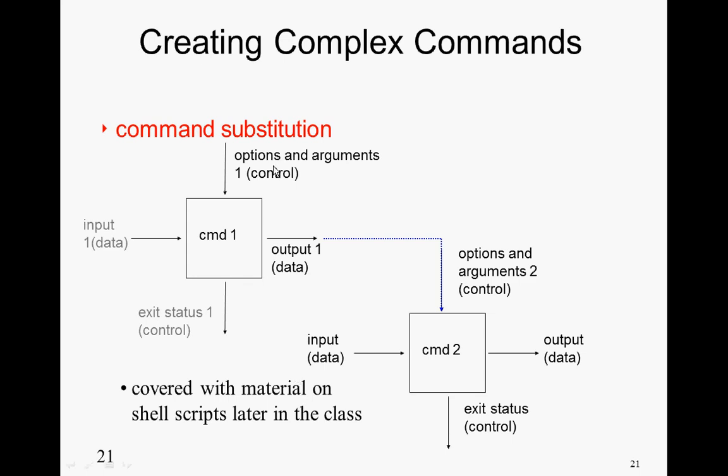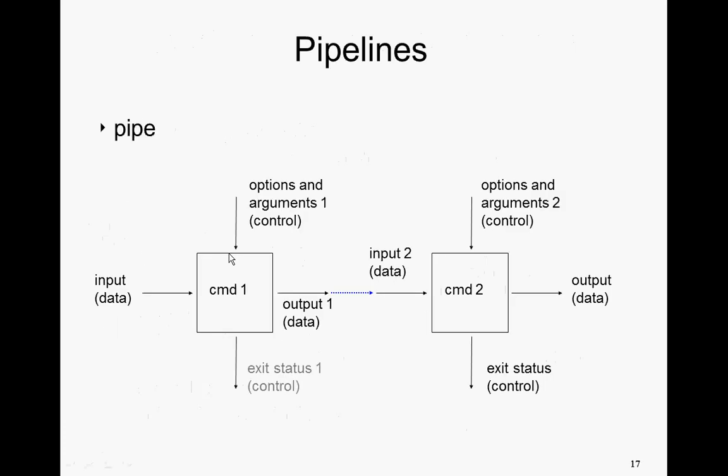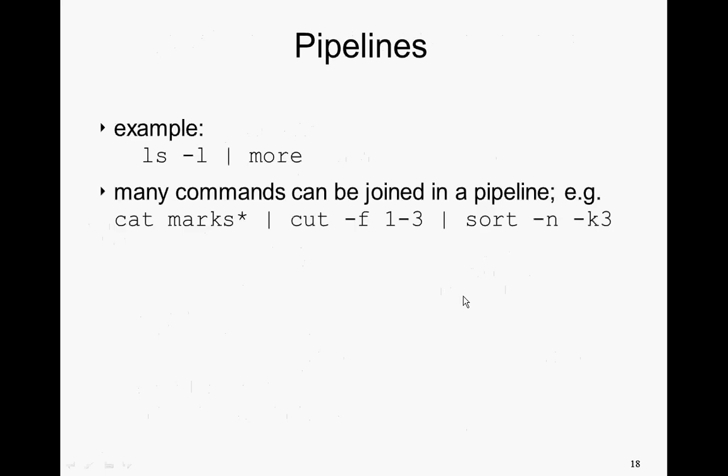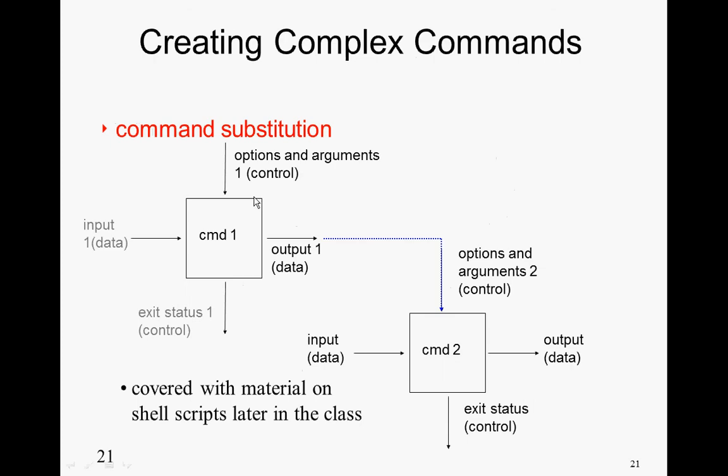There's a set of additional ways we could, in a sense, compose commands in a less completely straightforward way than we have with pipelines. With pipelines, with the output from one going into the input of another, we can also create complex commands. That is, we can make the output from one the options and arguments for another, and we're going to be covering this in material later in the class.